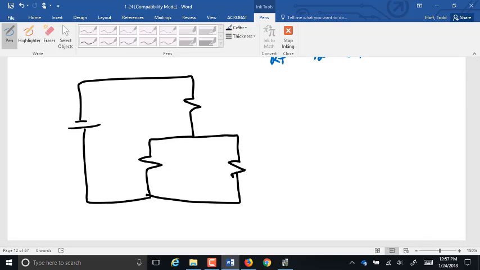So here we have a series resistor and a parallel resistance in series with a single resistor. It's not so bad.